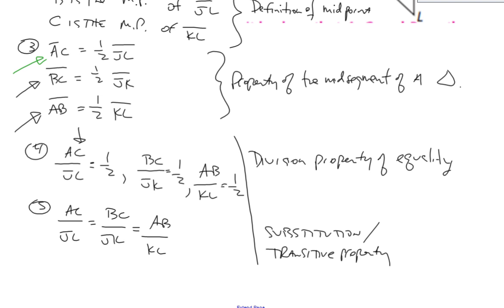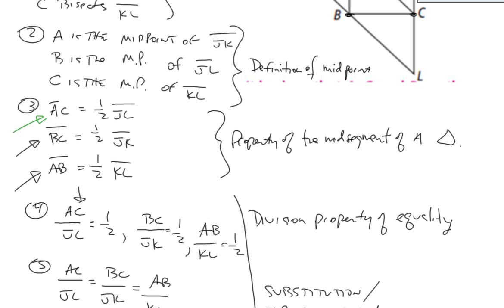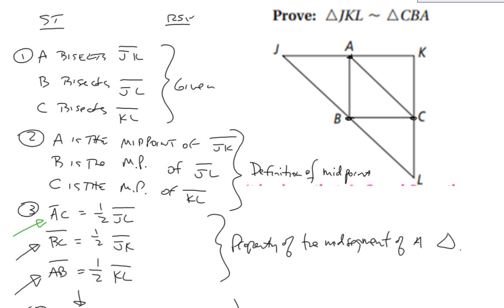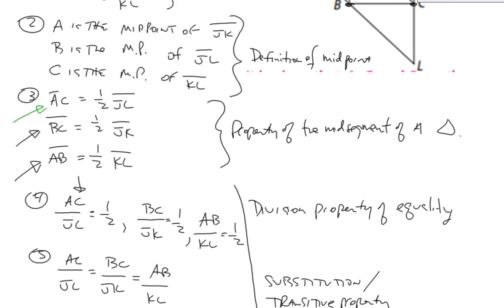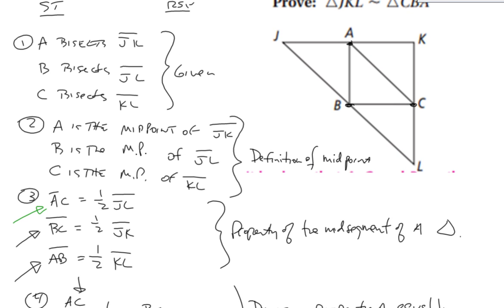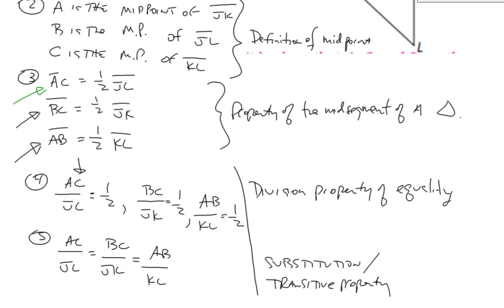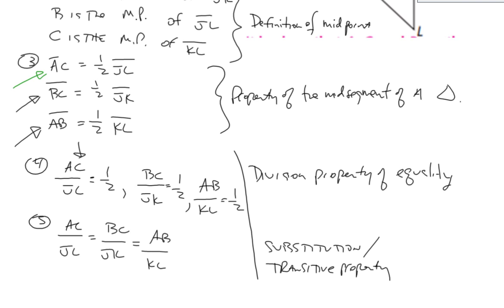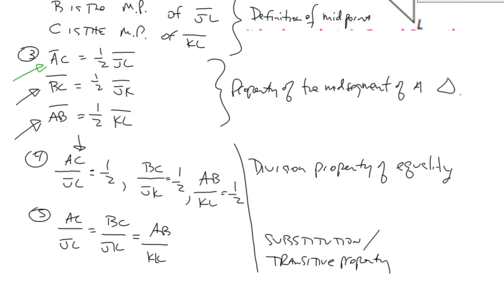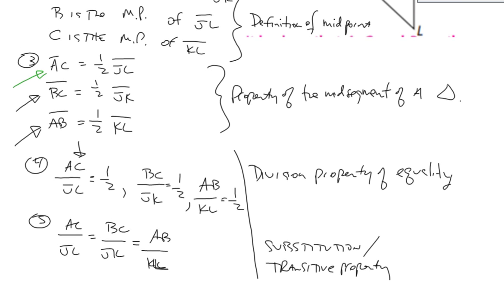Okay. So now let's see what I got. AC is to JL as BC is to JK, as AB is to KL. Well, what does that mean?